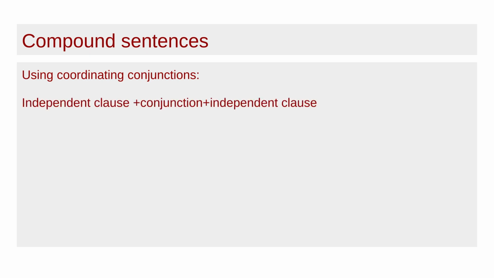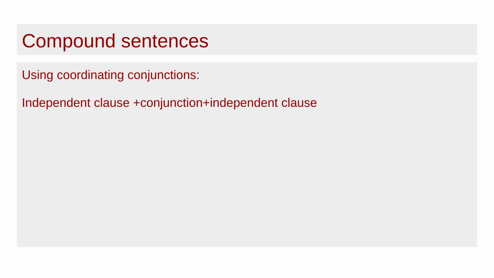The basic structure of compound sentences is that there are two independent clauses. Let me tell you what an independent clause is. An independent clause is a clause, a sentence which has a meaning of its own. If you just read this particular clause, it will make complete sense.